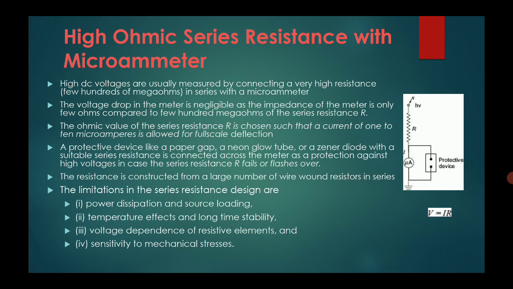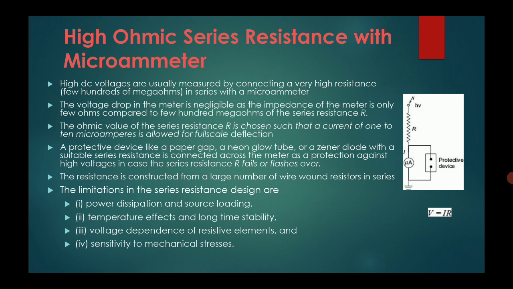Most of the high voltage is taken up by the resistance itself, so the microammeter gets a very small amount of the current. Basically it is an ammeter which is used to find the high voltage, and you have to calibrate the microammeter in that fashion.